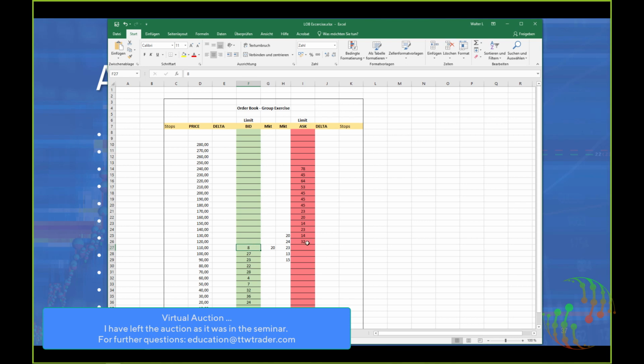That means we are trading 32 at 120, and I would like to buy 8 at 110. Does someone offer me 8 at 110? 32 at 120, buy 5 at 120.